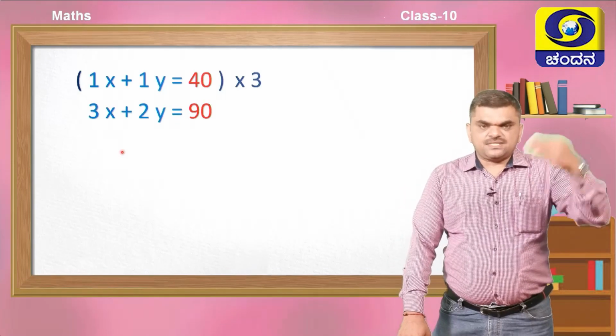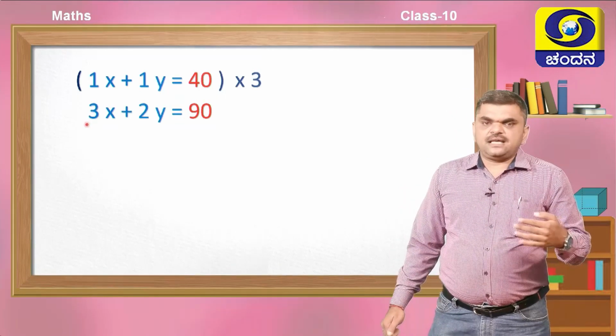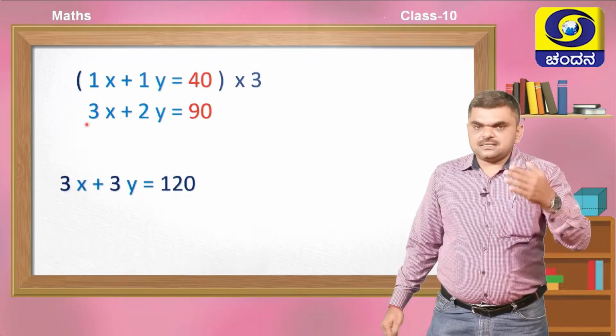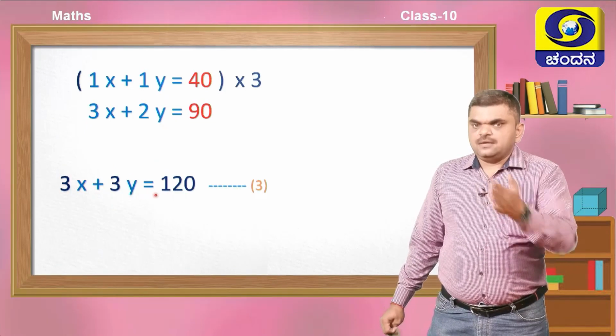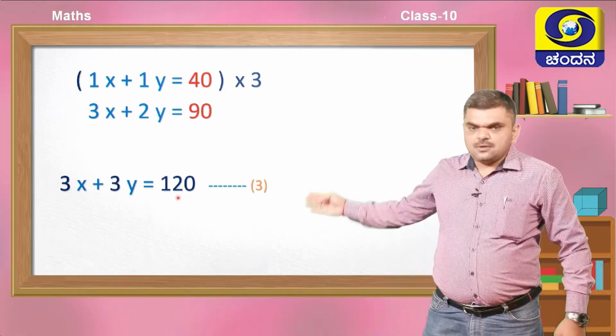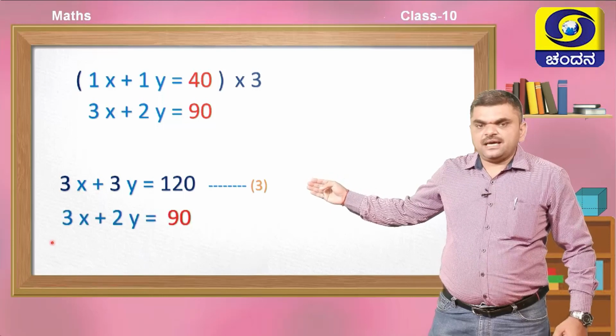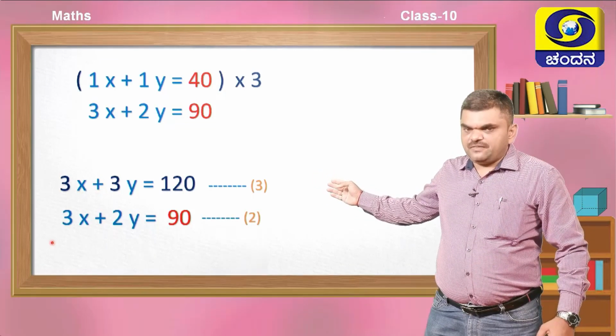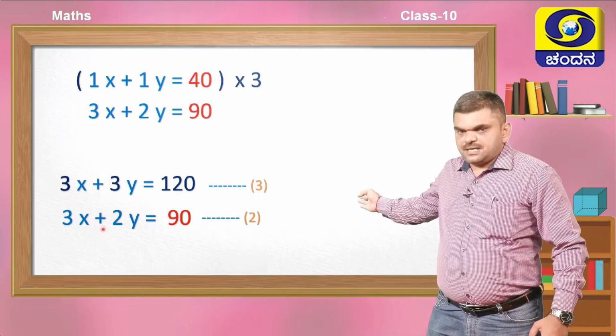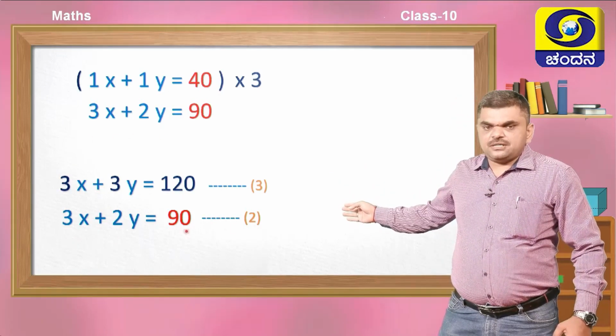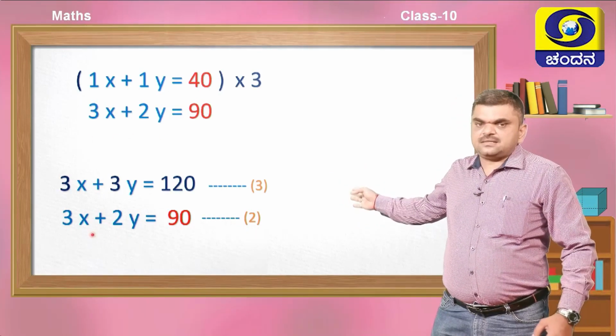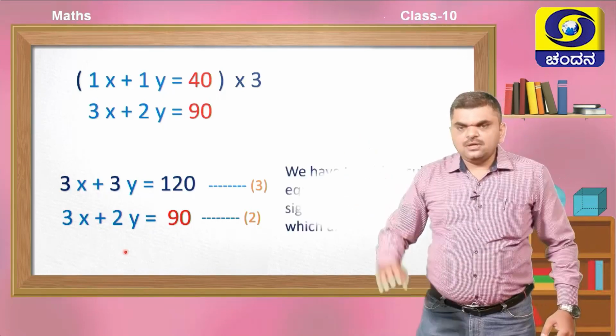So, we get the first equation as 3x plus 3 into 1, 3y, and 40 into 3, that is 120, children. So, 3x plus 3y is equal to 120. Assume this as equation number 3, and I am writing equation number 2 as it is, that is 3x plus 2y is equal to 90.